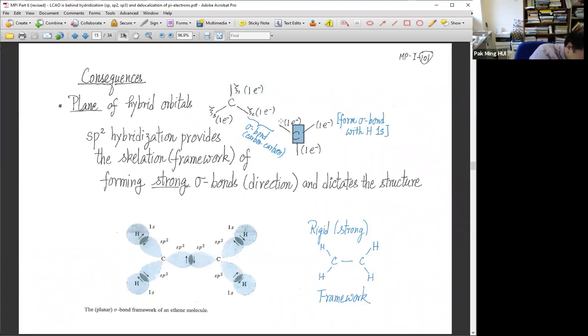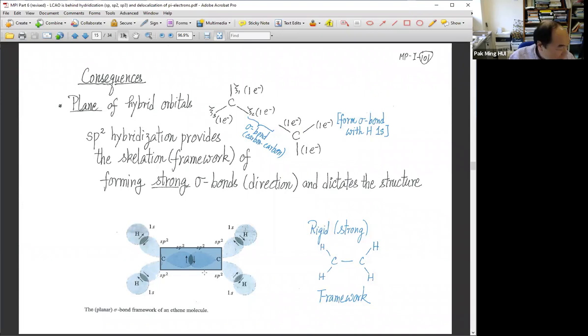So this is the special direction, okay? So now you can think that these two carbons align one of their sp2 hybridized orbitals with another sp2 hybridized orbital from the second carbon, so that they will have a very strong overlap.